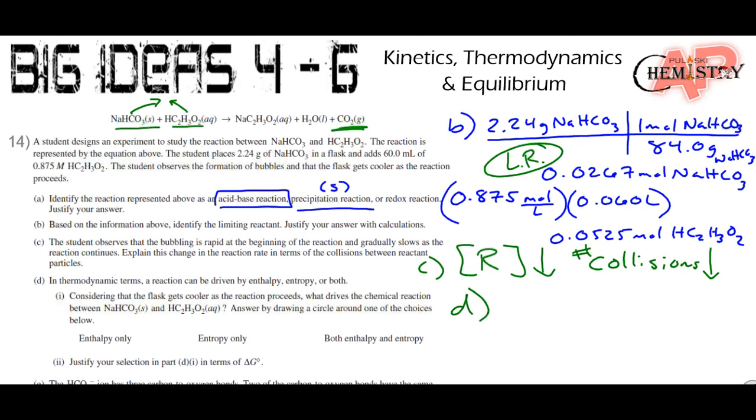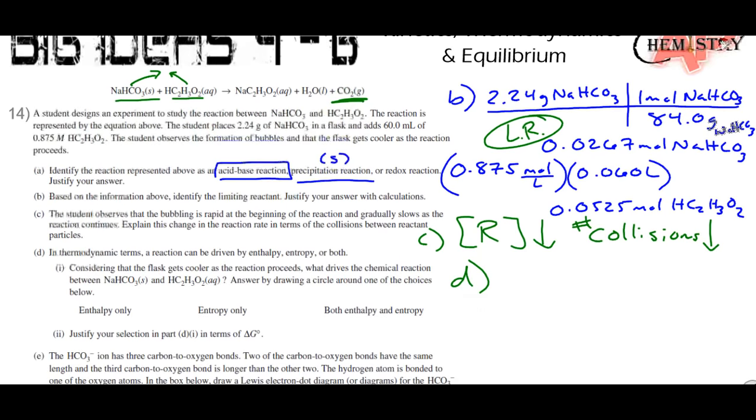Letter D. In terms of thermodynamics, a reaction can be driven by enthalpy, entropy, or both. Consider that the flask gets cooler as the reaction proceeds. What drives a chemical reaction between NaHCO3 and HC2H3O2? Answer by drawing a circle around one of your choices below. So it is very important to understand each of these items.